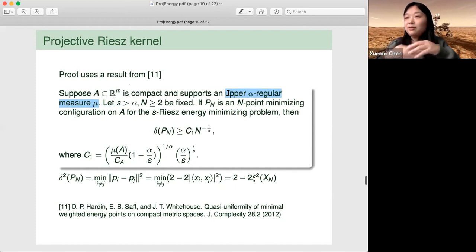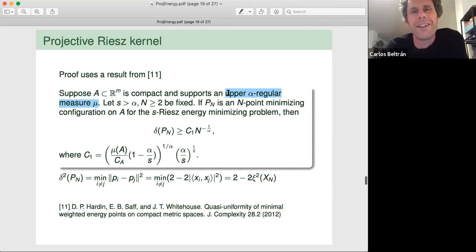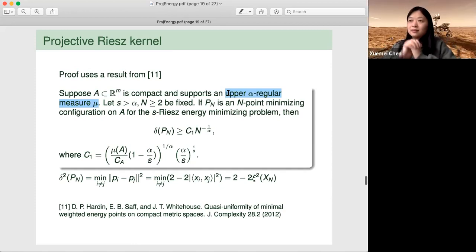With this kind of definition, I only need to show that the manifold, not the whole set where it's embedded, but the manifold, is actually upper d-1 regular. Yes, good, of course. Then you don't care about the dimension of the ambient space, but you care about the dimension of the manifold. Yes, perfect.